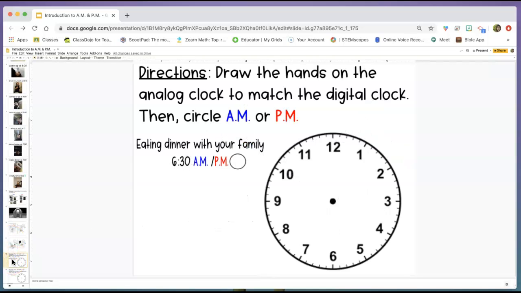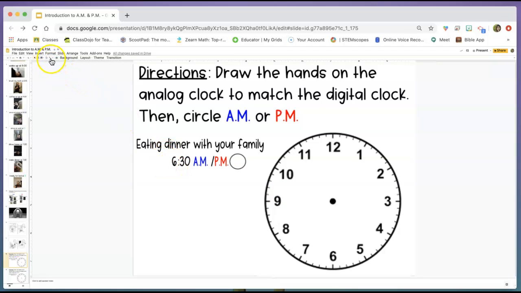Let's practice some more. So the directions tell me to draw the hands on the analog clock to match the digital clock, then circle AM or PM. So it says eating dinner with your family, and I have to show 6:30 on the clock. So 6 would be my hour.